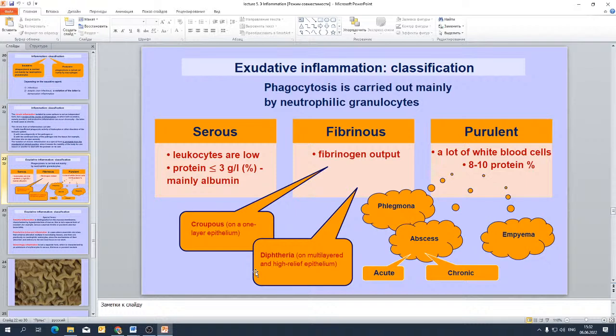Mechanism of inflammation is what I need. What is needed? Three parts of inflammation?